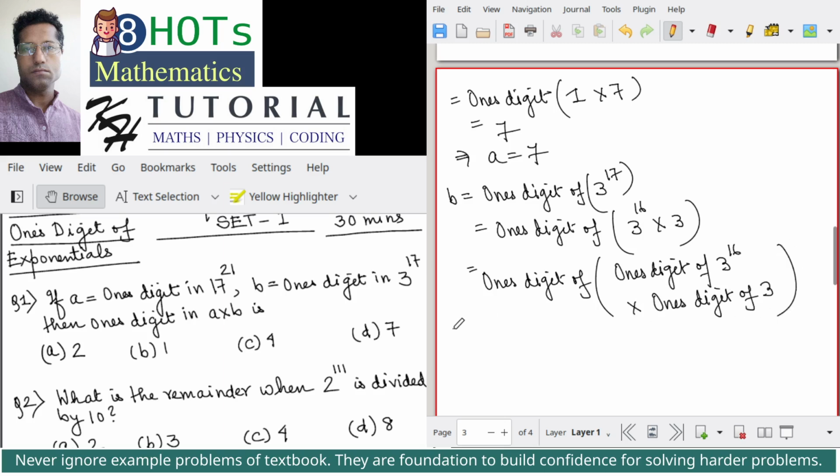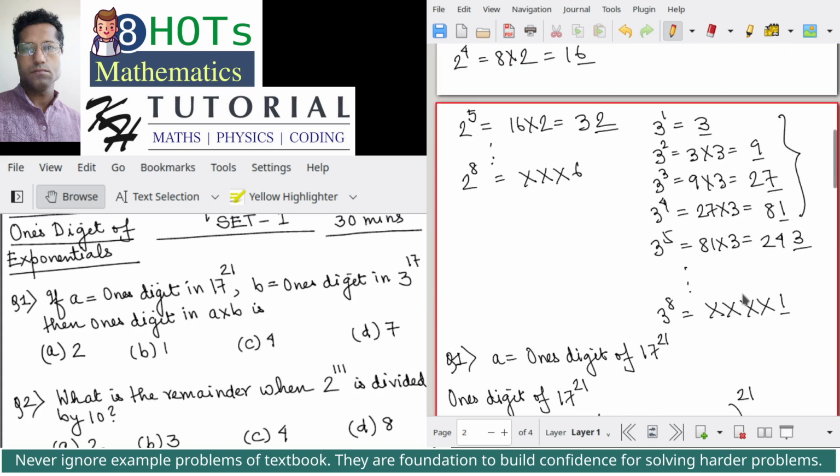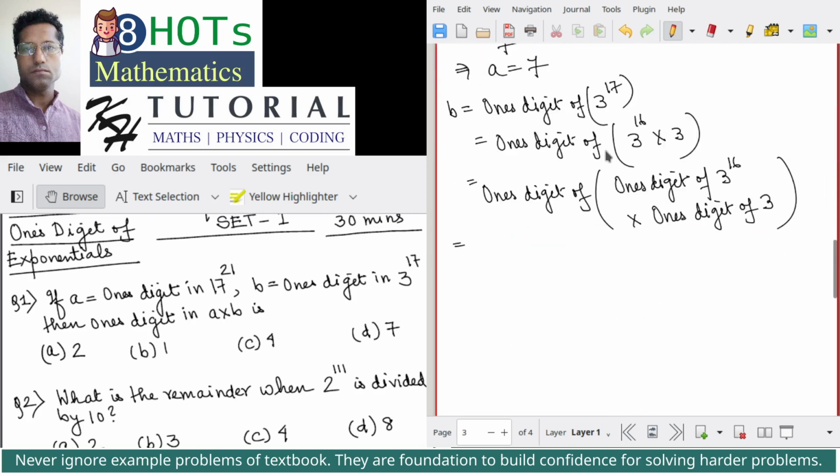Okay. Now let's see what the ones digit of 3 to the power 16 is. The power 16 is a multiple of 4, and based on the pattern of the ones digit of the powers of 3, after every fourth power the ones digit will be 1. So definitely the ones digit of 3 to the power 16 will be 1.